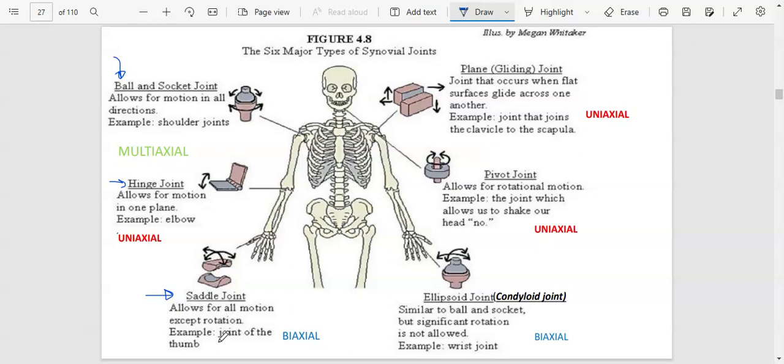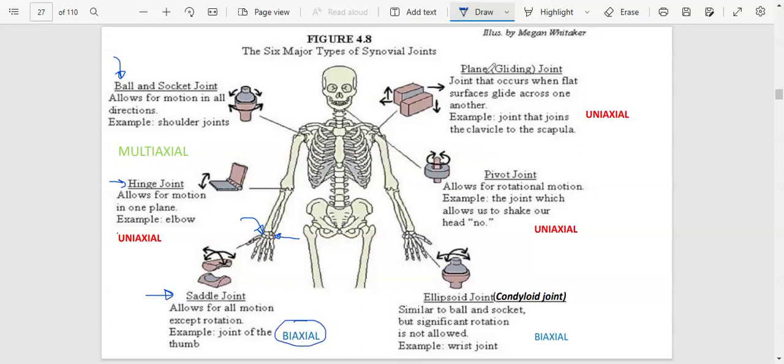For example, the joint of the thumb, where the thumb connects with the carpals there. The thumb can be moved in any direction, but you can't rotate the thumb. Okay, that is a saddle joint. And because it can move in any direction apart from rotation, we call it biaxial.